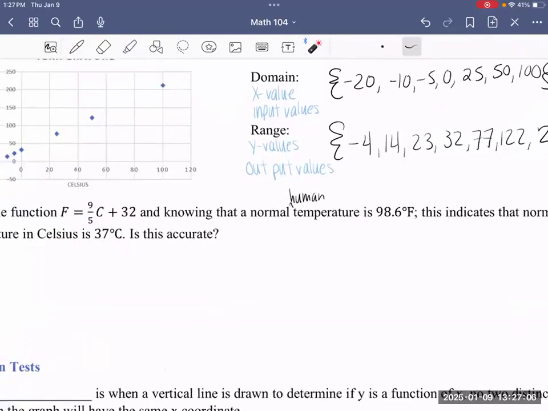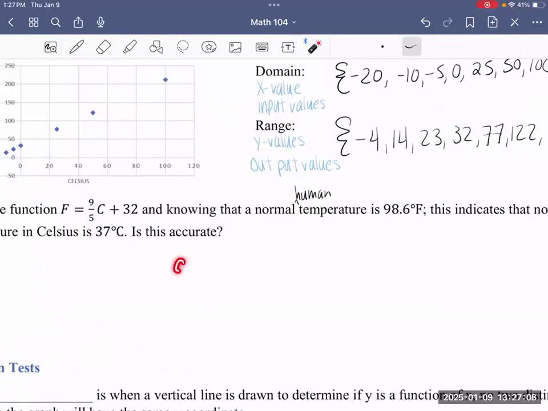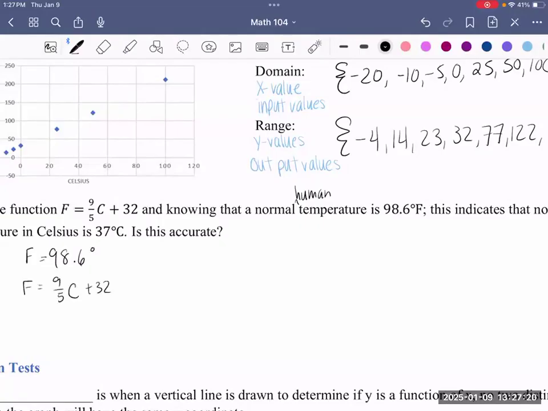Well, they're telling us that 98.6 degrees is your Fahrenheit, and they've also told us a formula for it. They also tell us that your Celsius that corresponds with 98.6 degrees Fahrenheit is 37 degrees Celsius.